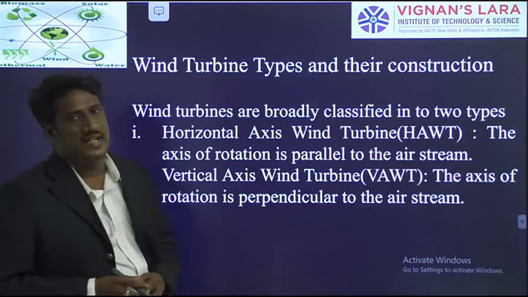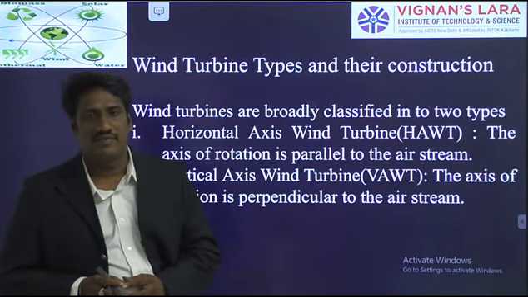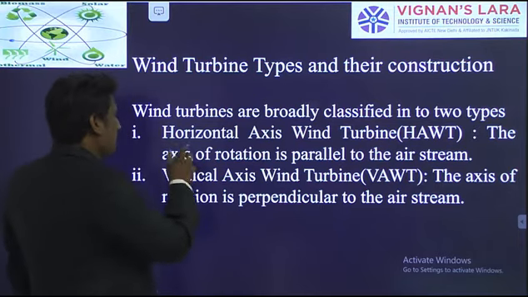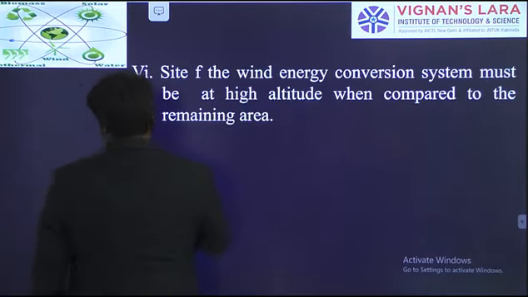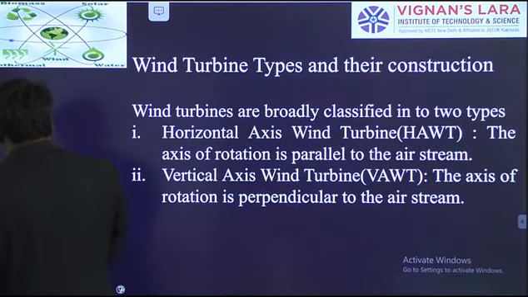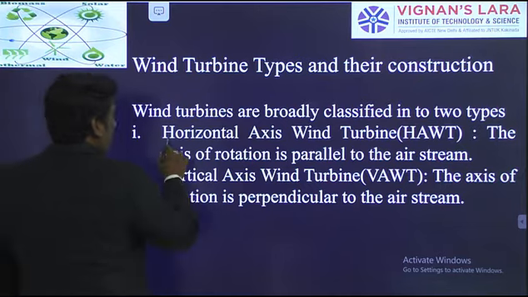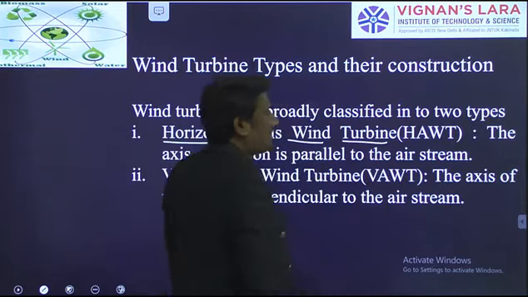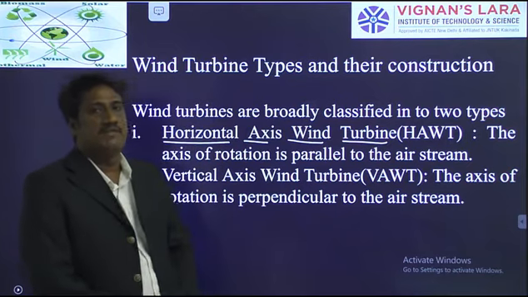So basically there are two types of wind turbines. The first one will be the horizontal axis wind turbine. The short name will be HAWT.